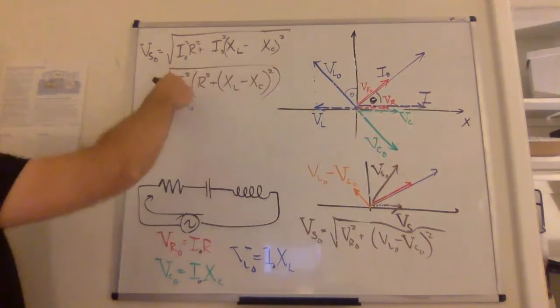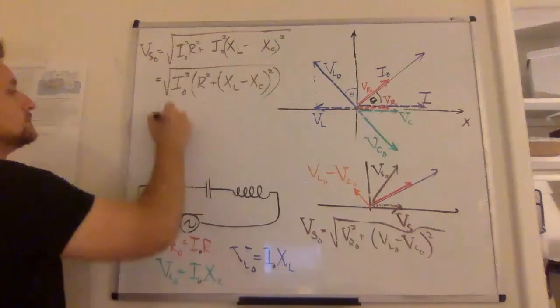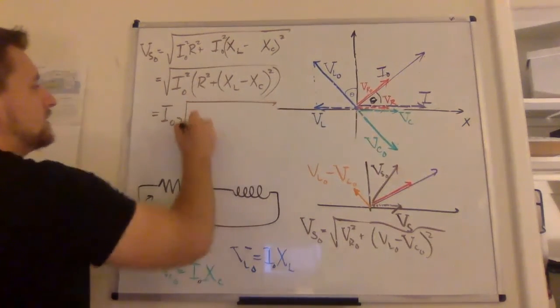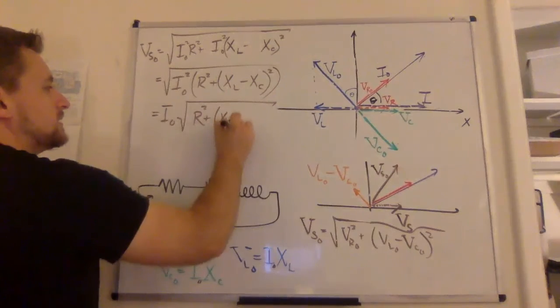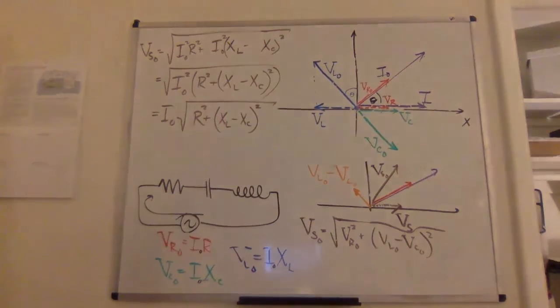The square root of I0 squared, that's easy, we can do that. That leaves us with this thing, R squared plus XL minus XC squared.